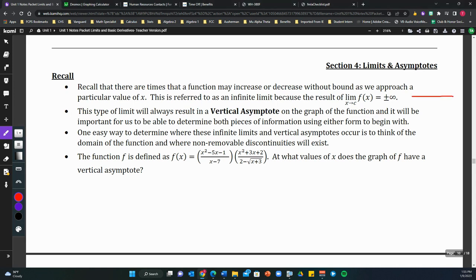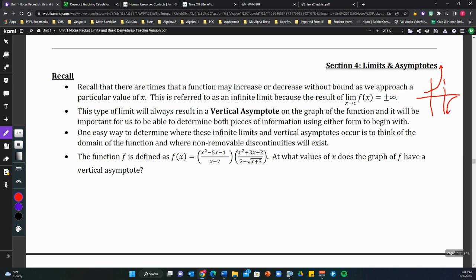So visually, as we get closer to a particular value of x, we are approaching that vertical asymptote, that particular value of c, and as we do so, we are either increasing without bound or decreasing without bound.